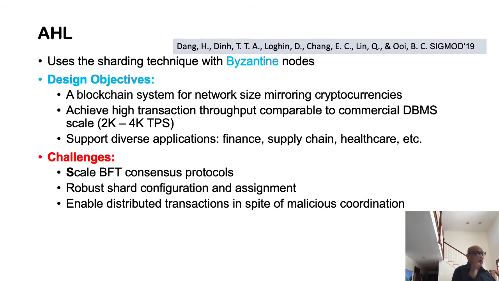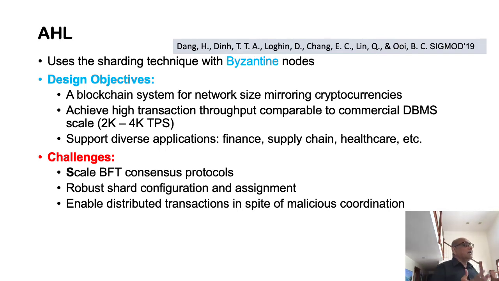How do you take your nodes and map the shards to the nodes? The challenge there, they say, is that you don't want to run into a situation where a particular shard gets mapped onto nodes where most of the nodes are malicious. So that is another challenge they have to overcome, and they outline a strategy for that.